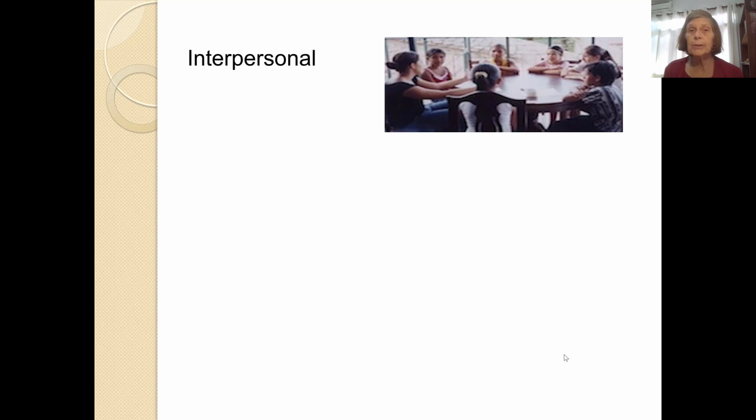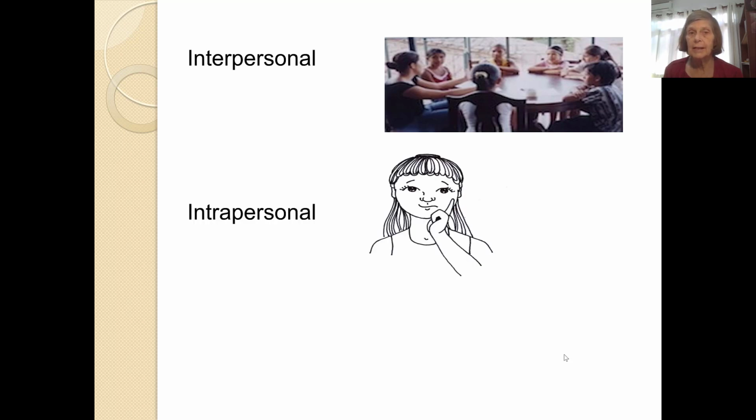There is also interpersonal intelligence. People with good interpersonal intelligence get along easily and well with others. And then there is intrapersonal intelligence, when we look within, are introspective and try to analyze why we do what we do. Some also add 2 other intelligences, which are naturalistic intelligence and existential intelligence.